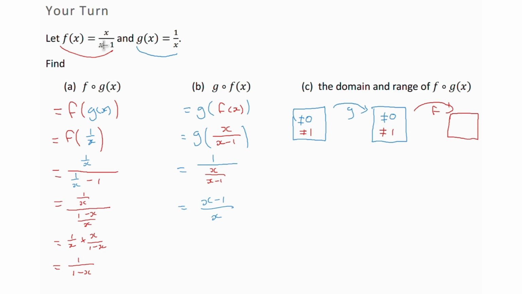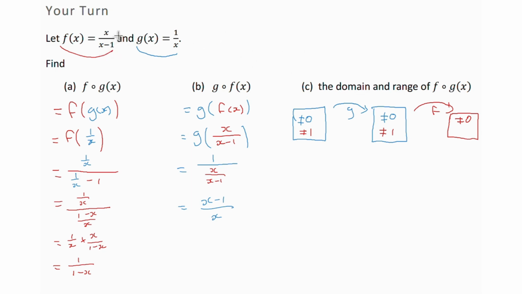When x is 0, this would give us 0, so we can't get out 0. And when x is 1, we would be dividing by 0, that's going to give us the vertical asymptote, so it's not going to affect what we get out in the end. Okay.